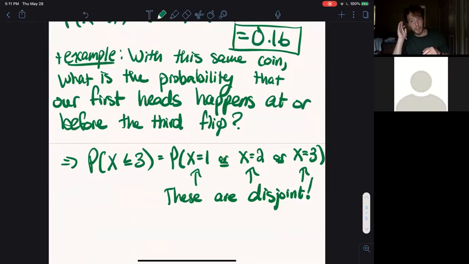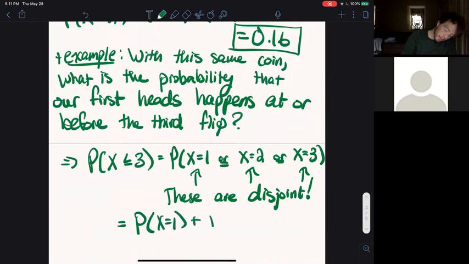If my first heads is on flip 2, clearly my first flip wasn't a heads, because it's implicit in saying that the first heads was on flip 2. So these three events are disjoint just as a consequence of the definition of our geometric distribution. And because of that, we can use what we know about disjoint events to say, this is just the sum of these three probabilities.